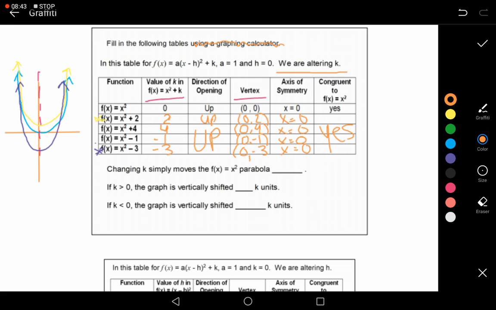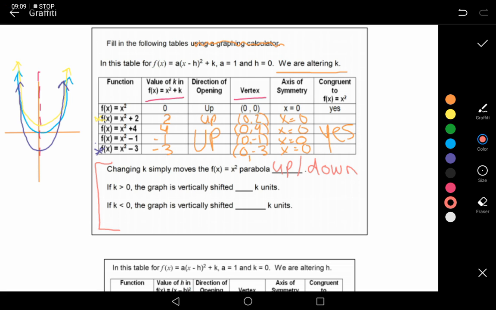So you didn't have to copy down that chart, but you're definitely going to want to copy down this little summary here. Changing k simply moves the f of x equals x squared parabola up or down. Okay, and you might want to draw that graph for yourself as a reminder.